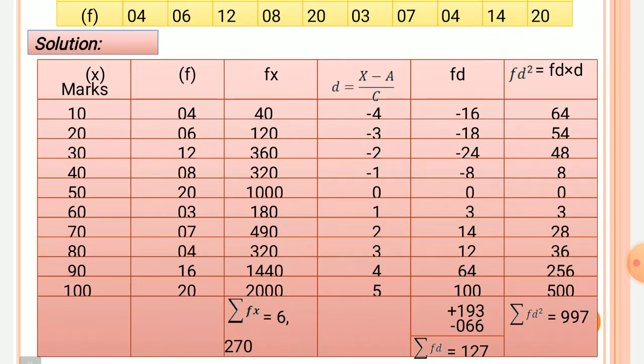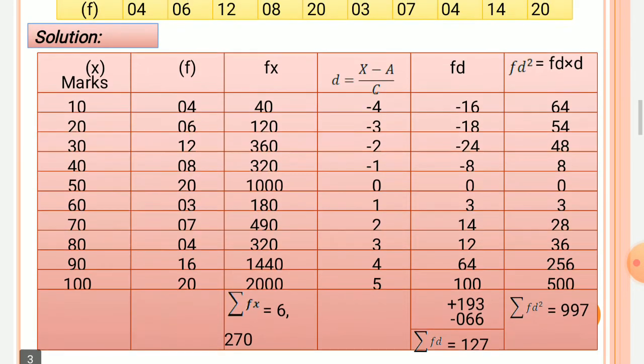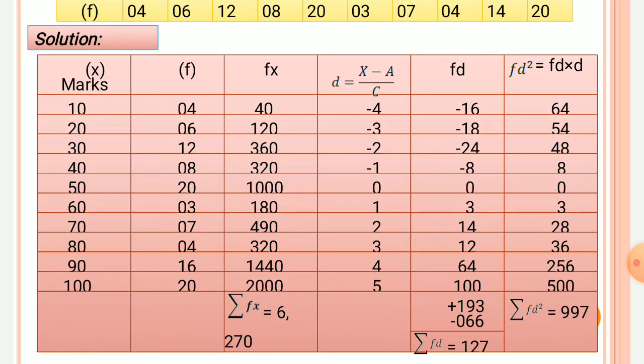So then f into x, fx, and then in the fourth column d is to be calculated. d is equal to x minus a by c, when equal class intervals are given in the problem, then you take c or i, and then d, and in the fifth column f into d, and in the last column f into d square, that is fd square.